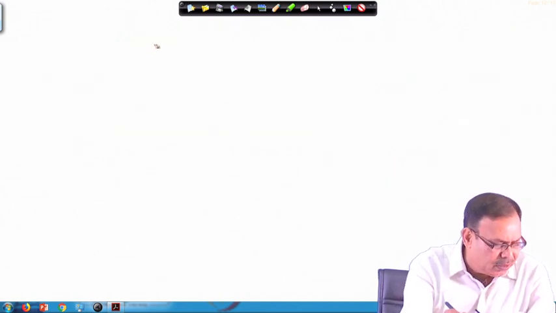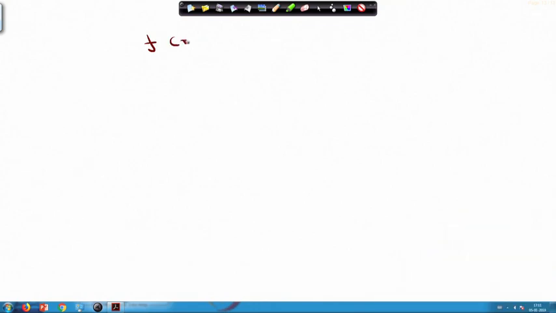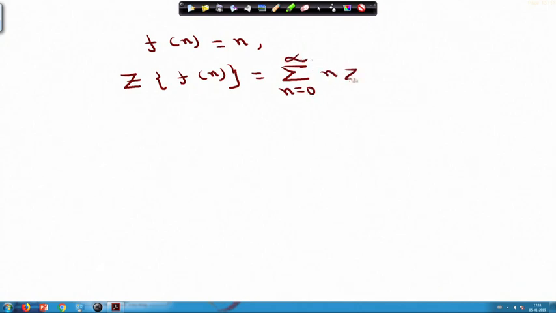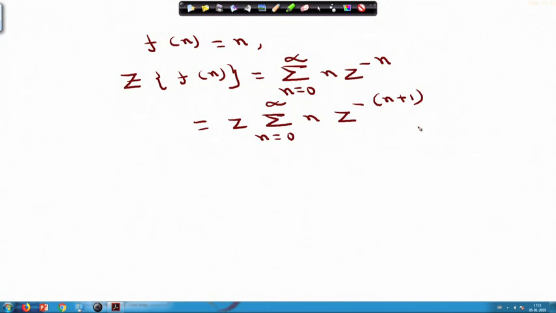Let us see another thing. Let f n equal n. Then the z transform of f n equals the summation n equals 0 to infinity of n z to the power minus n. I can write this as z into the summation of n z to the power minus of n plus 1, so that this z will be cancelled.